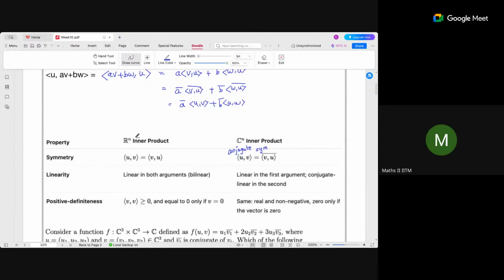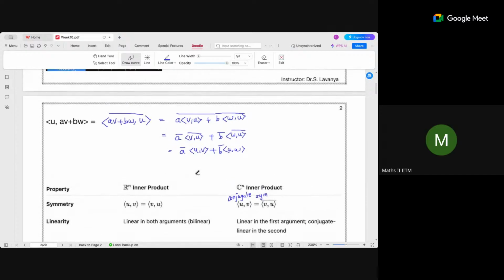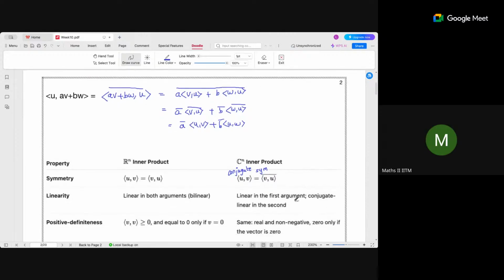Linearity in the case of Rn holds in both arguments. Why? Because if a and b are real, then a bar is equal to a, so you have linearity in both arguments. But in the case of Cn, you have linearity in the first argument, and in the second argument it is called conjugate linearity. What I have written here is called conjugate linearity.